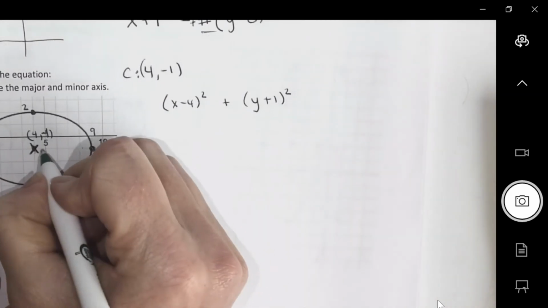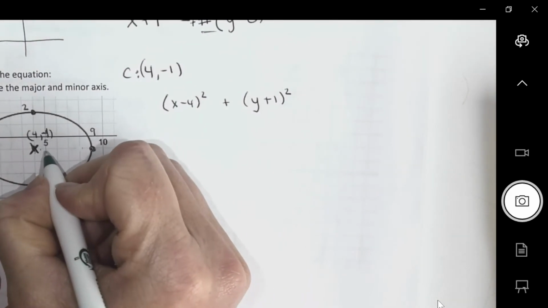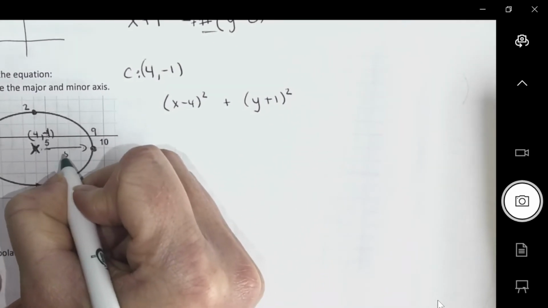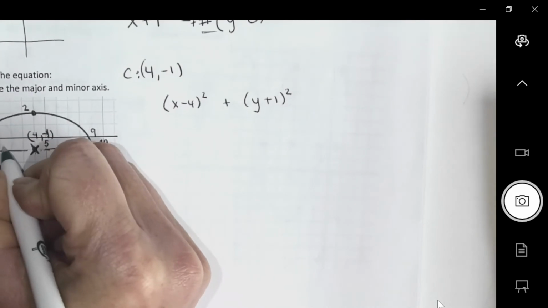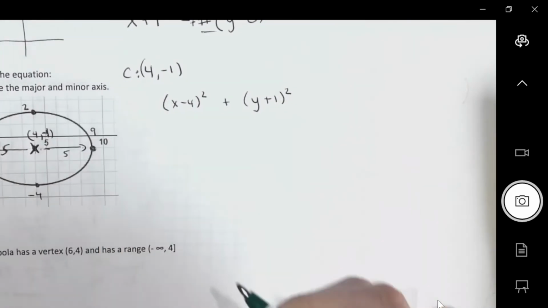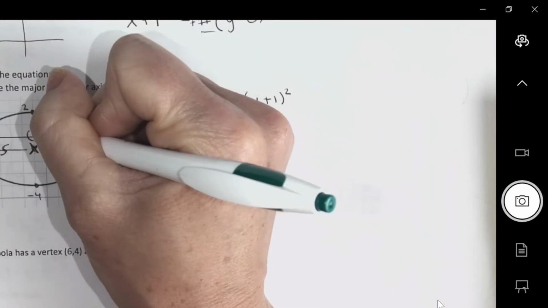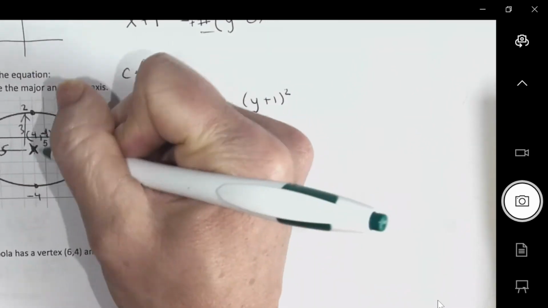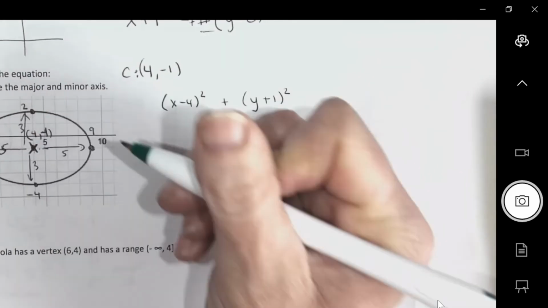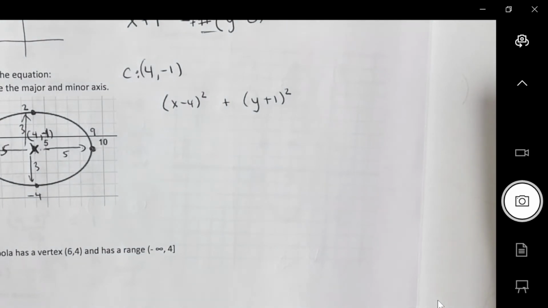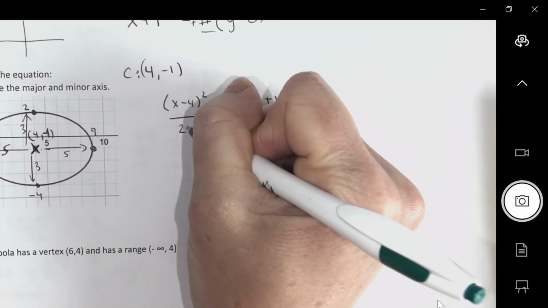Then what's going on here? What's the span? Did we go 5? And then this is 1, 2, 3. Okay, so horizontally was 5, so under the x I need a 25.